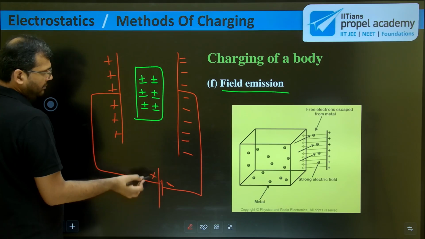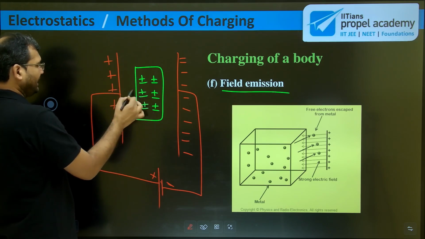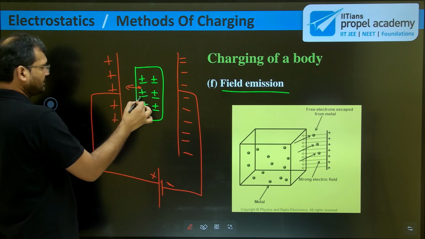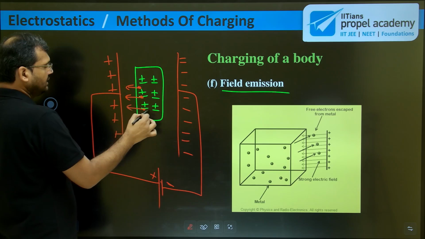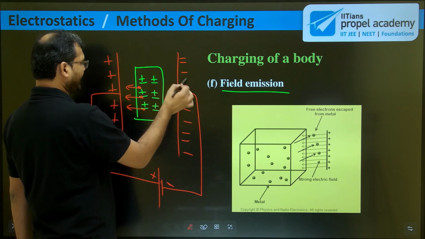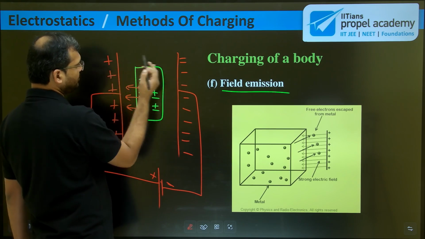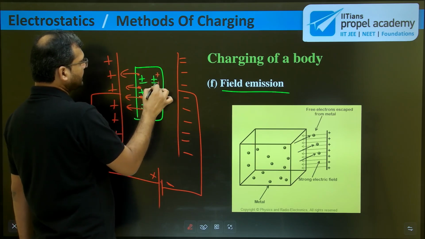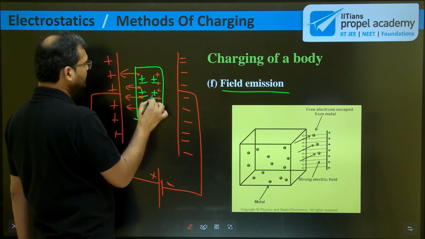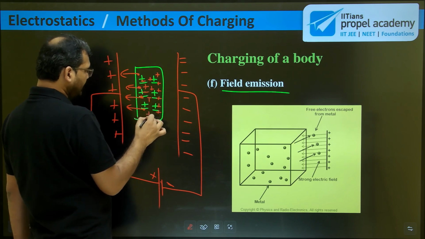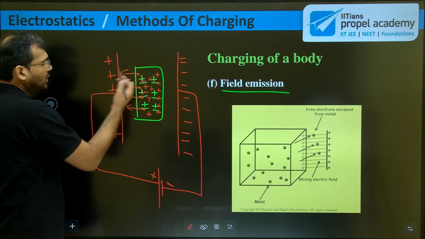Now what happens? Positive will attract electrons from here. Positive attracts all electrons, right? And of course, negative repels electrons, which means they push this way only. So all electrons will come this way. Protons cannot come out, so they will stay in the metal itself as ions, but electrons can be pulled out.